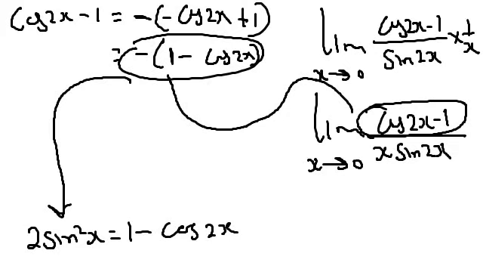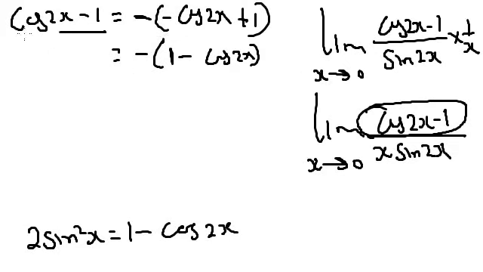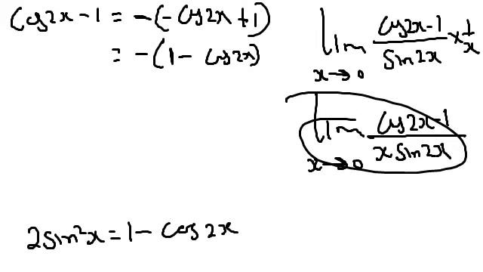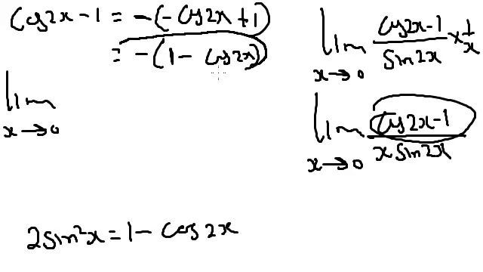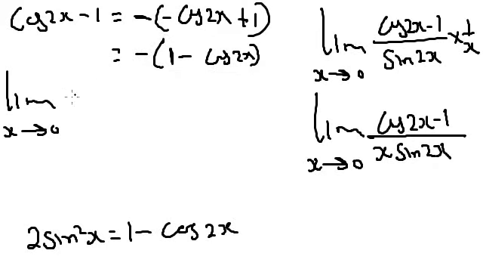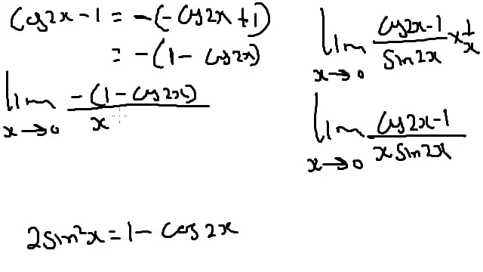Okay, let me do it one after the other. Since this is equal to this, let's replace it. So this expression can become the limit as x approaches 0. Cos 2x minus 1, we said, is the same as negative (1 minus cos 2x), so I will write negative (1 minus cos 2x) instead, and divide that by x sin 2x.